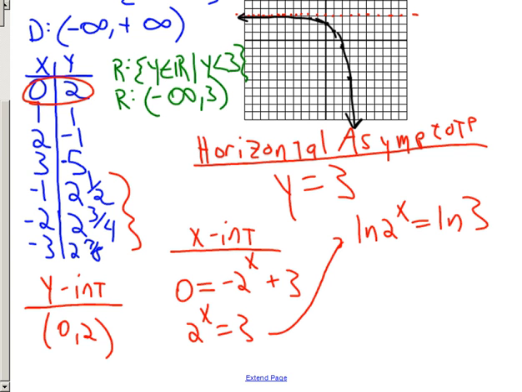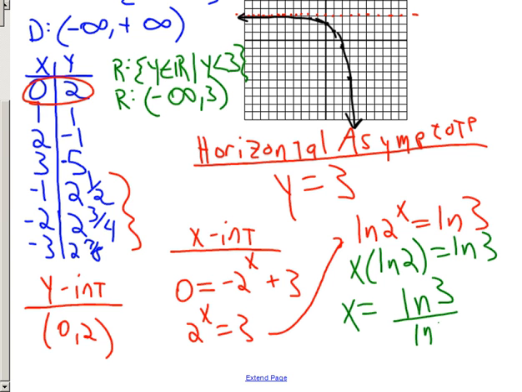I would drop down the exponent. And I would divide both sides by the natural log of 2. There it is. Okay? And we would just leave it like that.